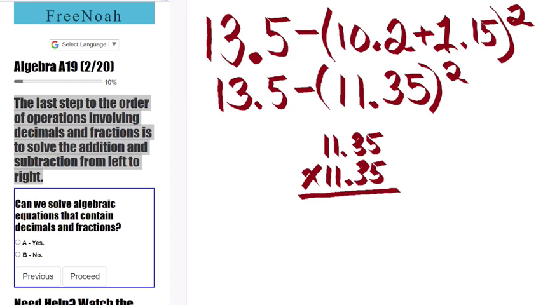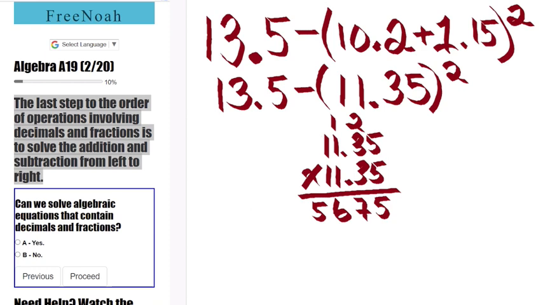Here we have 5 times 5, that gives us 25. Then we have 3 times 5 plus 2, giving us 17. Drop down the 7, carry over the 1. 1 times 5, that'll give us 5, plus 1, that's 6. And then 1 times 5, that gives us 5.